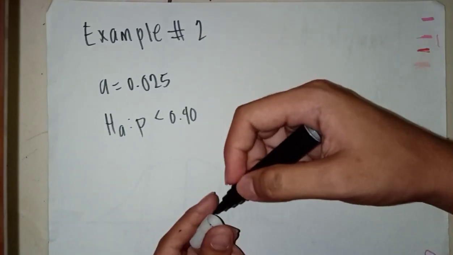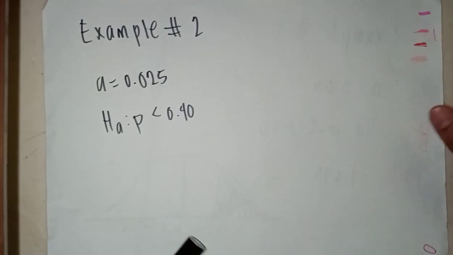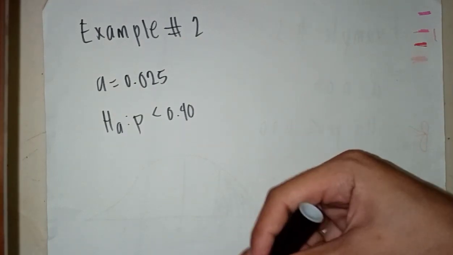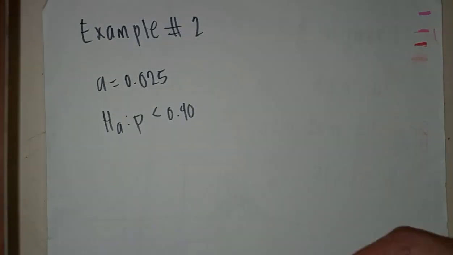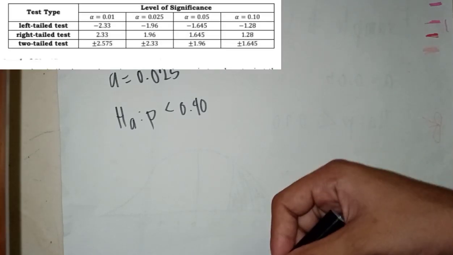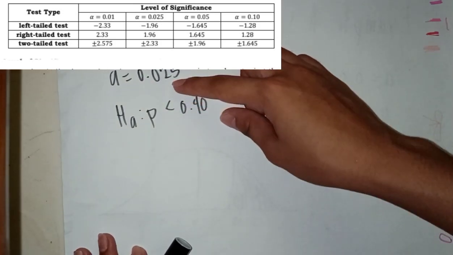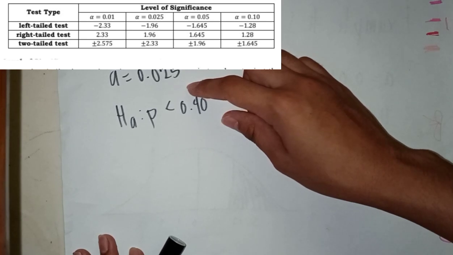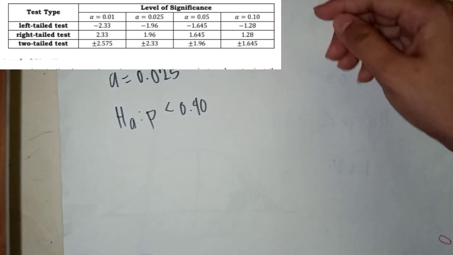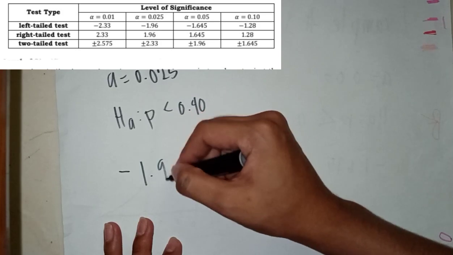We also made the 40% into a decimal. What we need to find is the critical value, and then we will illustrate the rejection region in the normal curve. We will find the critical value in the Z table. Our level of significance is 0.025, and the given is less than, which is a left-tailed test. So, our critical value will be negative 1.96.